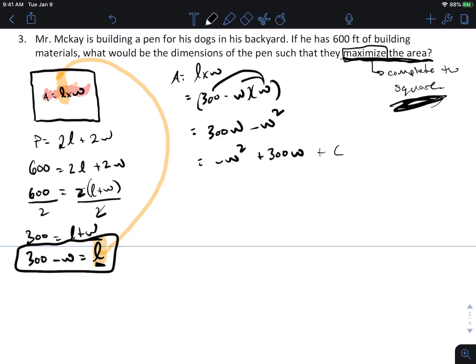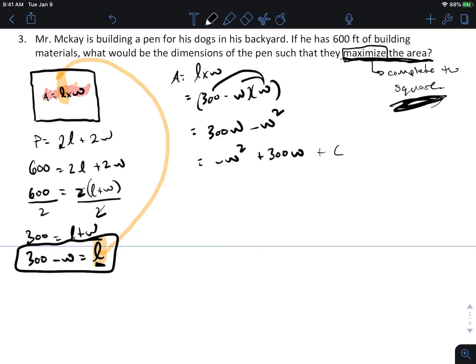In this case, it's going to give me a width of the pen that maximizes the area. Does that make sense? So I'm just going to work through the completing the square to switch it to vertex form. Once I get it in vertex form, I can read the vertex, which ultimately answers the maximum area.